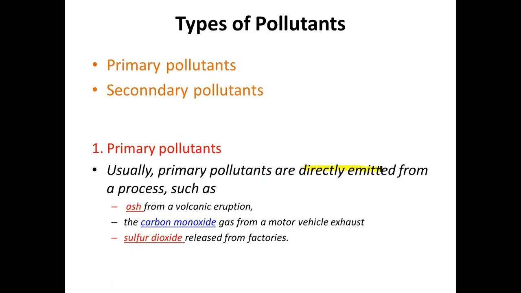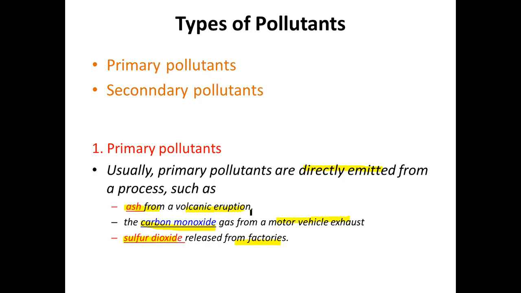As examples, we can say ash or SOx from a volcanic eruption, carbon dioxide and carbon monoxide from vehicle exhaust, and sulfur dioxide released from a factory. Those are primary pollutants.